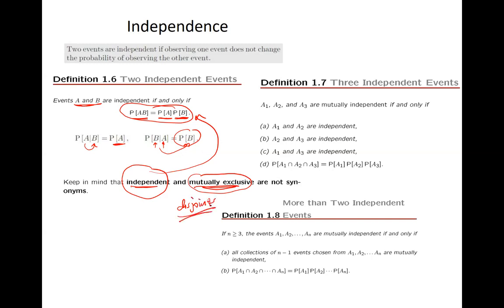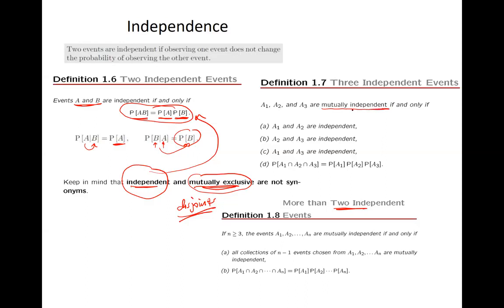Now, in order to check the independence of more than two events, we have to check every two or three of the events, whether they are mutually independent or not.